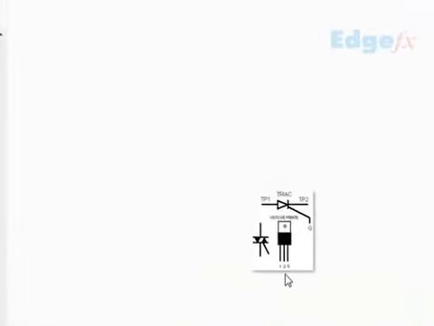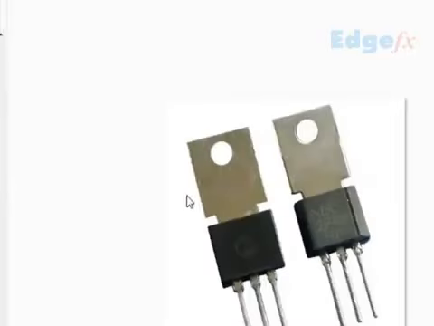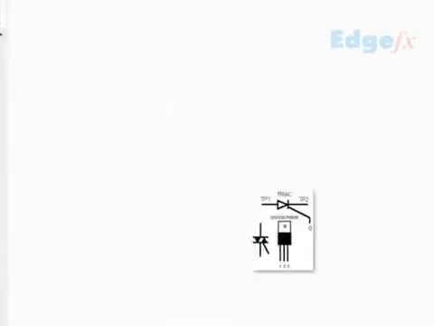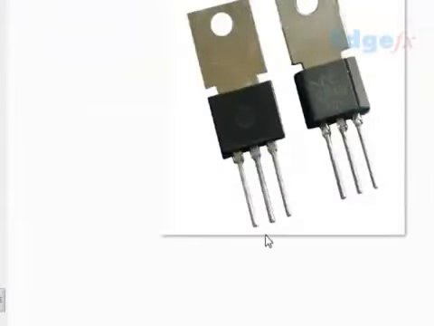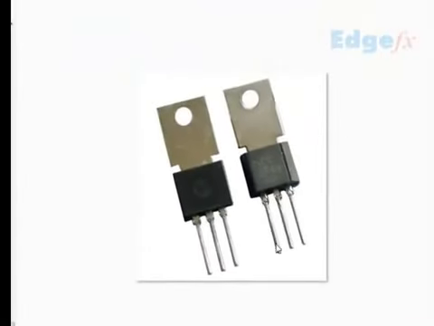There is 1, 2, 3. This is terminal 1. Center is always M2, and the first one is always M1. When you hold it like this, this is M1, this is the M2 or A1, A2, and this is the gate.